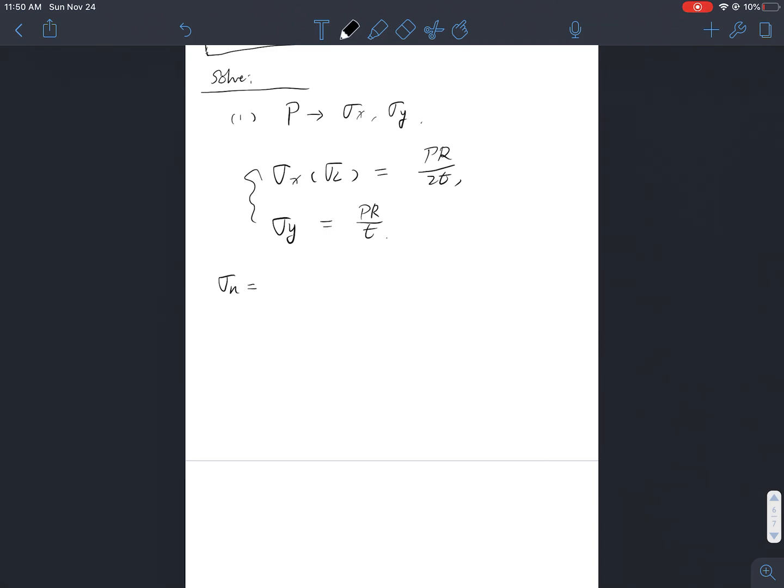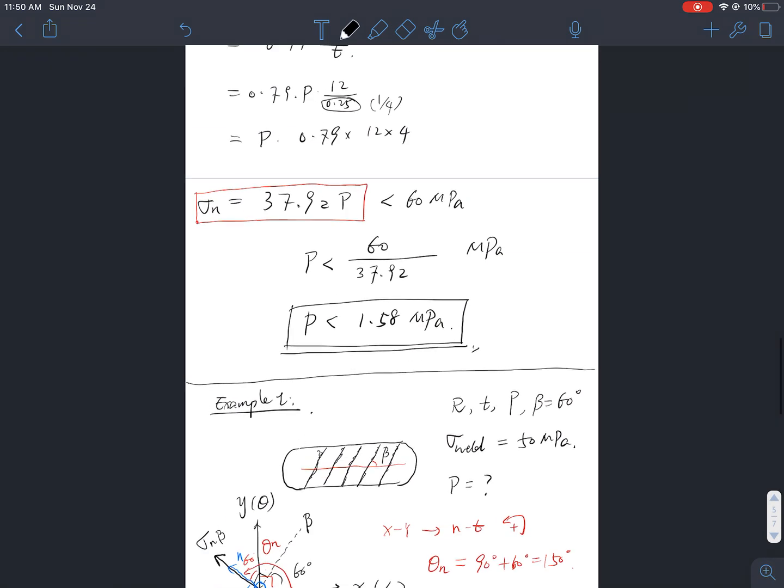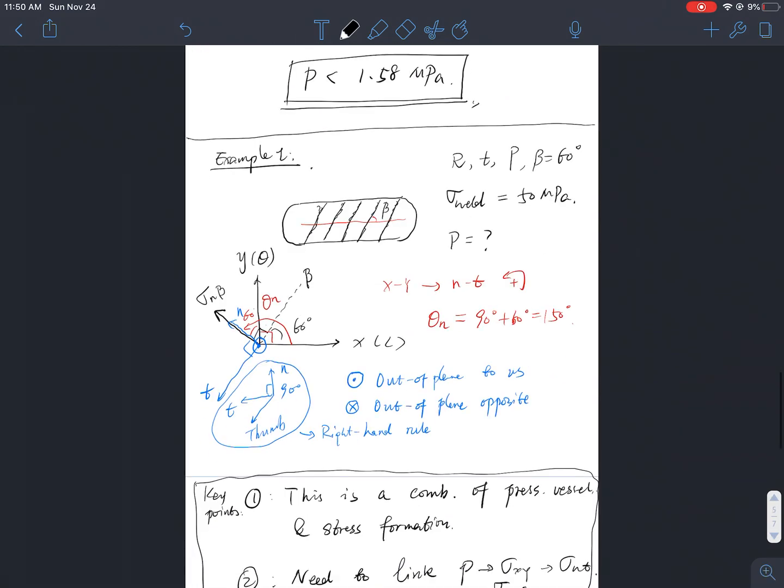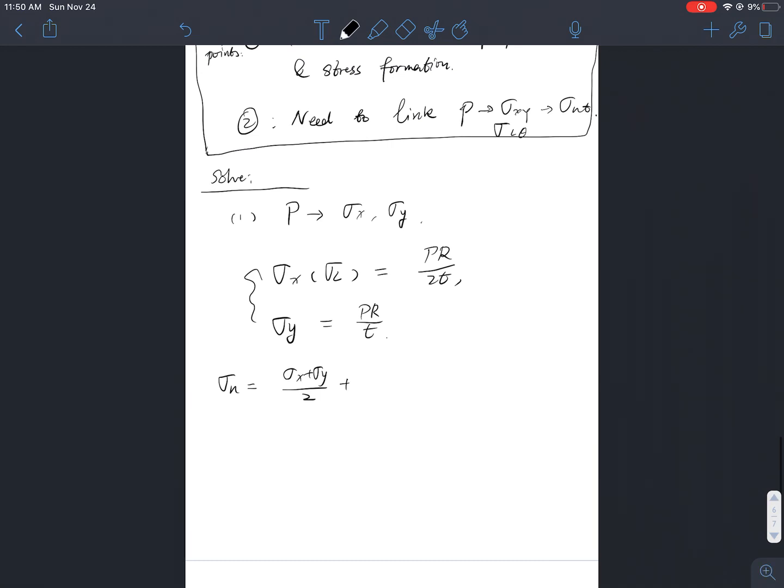No shear, so immediately I arrive at sigma x plus sigma y divided by 2, plus sigma x minus sigma y divided by 2, cosine 2 theta. Now be careful: here it has to be theta n, 2 theta n, and theta n equals 150 degrees.